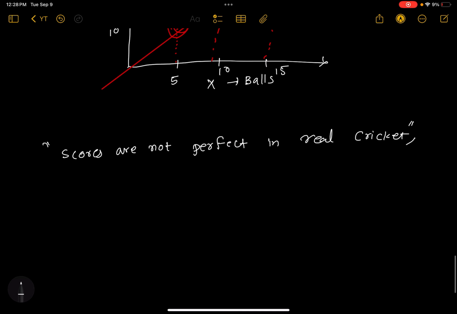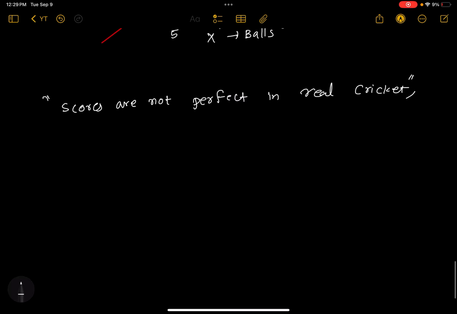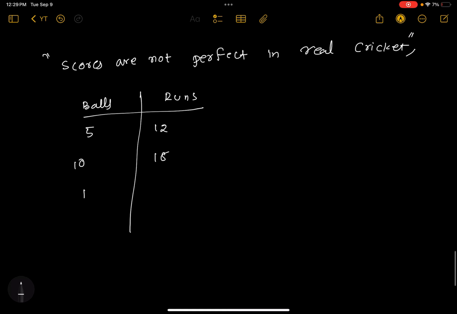So let me give you the realistic scores right now. This is a hypothetical example. Runs and the balls. So 55 balls, 12 runs. 10 balls, how many? 18. 15 balls, how many?